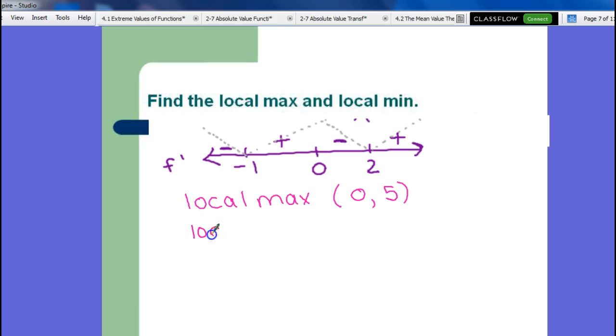Okay, and then we would have a local min in 2 spots, at -1 and at 2. So if you plug in -1, you should get 0. And if you plug in +2, you get -27.